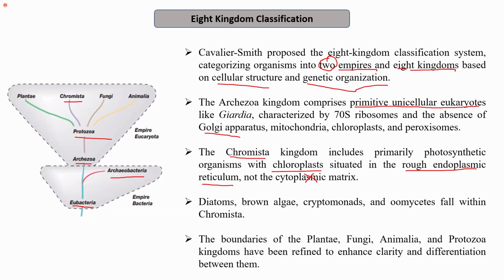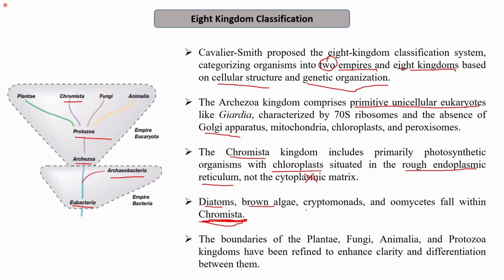Based on this classification, organisms like diatoms and brown algae, which, as I mentioned, were earlier placed into the kingdom Plantae, were now placed into the kingdom Chromista. So now, with the addition of the new kingdom Chromista, there is a better classification of the system into better groups.